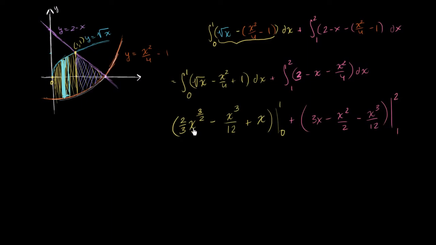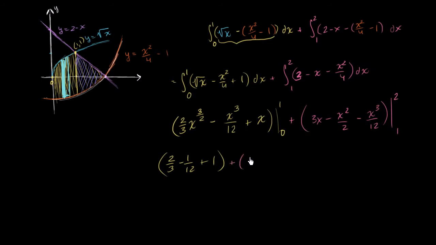Over here, you evaluate all of this at 1. You get 2/3 minus 1/12 plus 1, and from that you subtract this evaluated at 0, but that is all 0, so you get nothing. So this is what the yellow stuff simplified to. For the purple stuff, first you evaluate at 2.